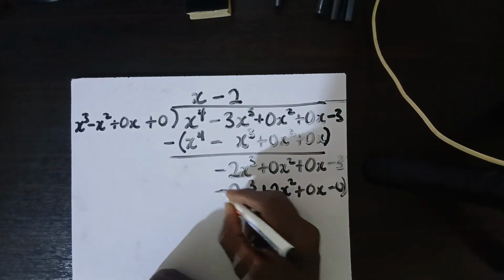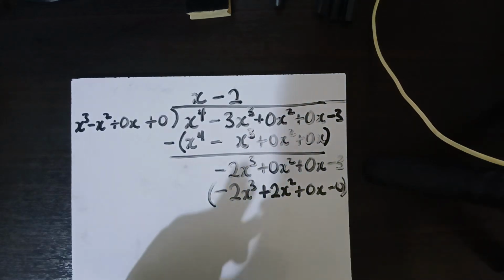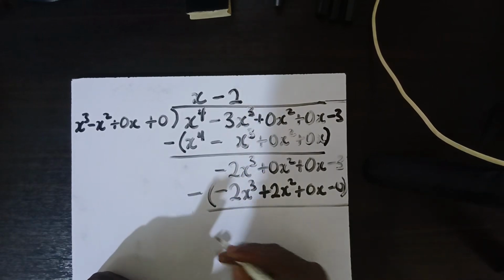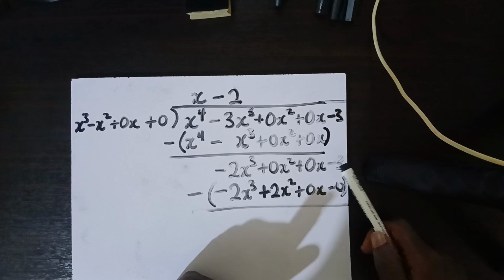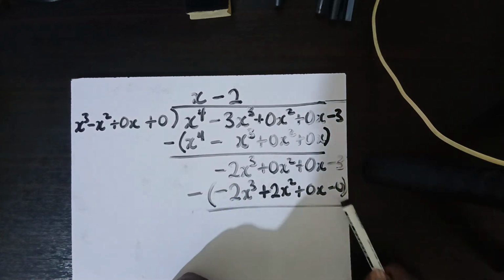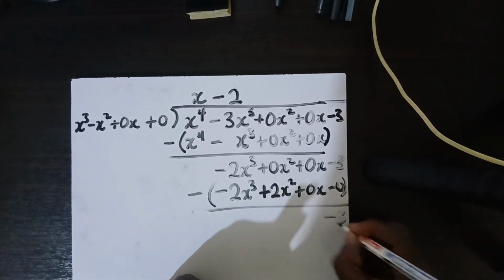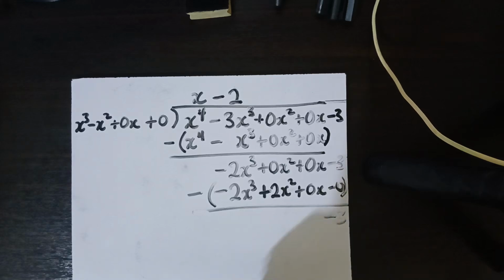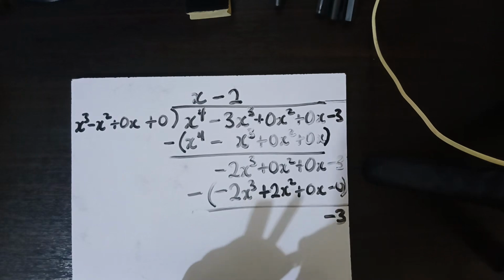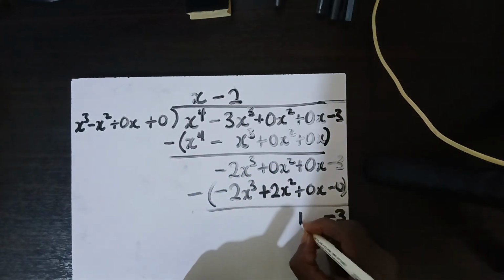So we can do our subtraction here. We bring our subtraction symbol, we underline it nicely, then we do our subtraction. Negative 3 minus 0 is still minus 3. So we have negative 3 here. Then 0x minus 0x is still going to be 0x.